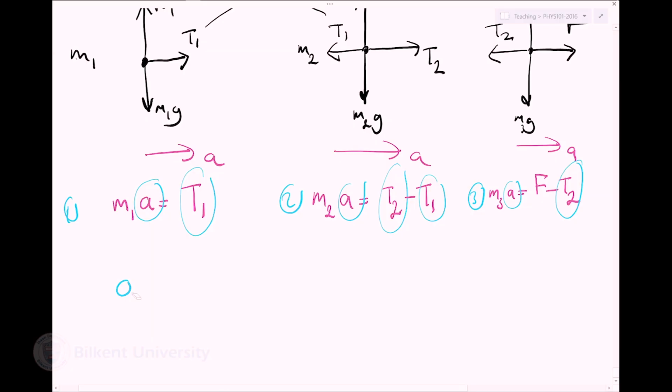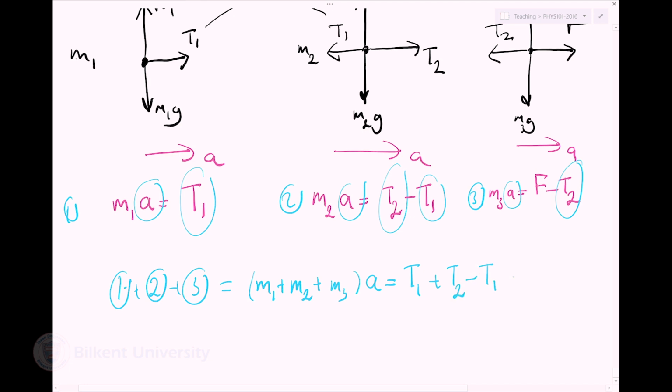If I add up all these 3 equations, 1 plus 2 plus 3, on the left-hand side, I'll have M1 plus M2 plus M3 times A. On the right-hand side, I have something really nice: T1 plus T2 minus T1 plus F minus T2.